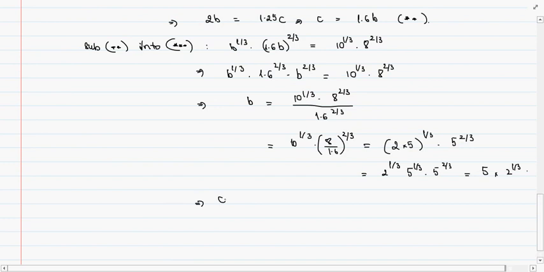So knowing the value of B, we should be able to find the value of C, which is just equal to 1.6B. Okay, so 1.6 times 5 times 2^(1/3) is just going to be 8 times 2^(1/3).